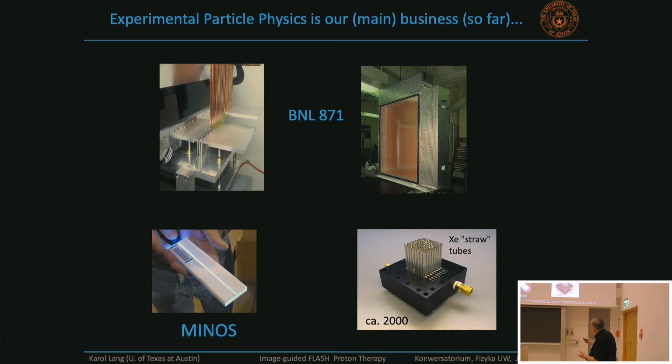Based on our original so-called tracking detectors, so-called straw drift chambers that we built for some experiments at Brookhaven, we had an idea that perhaps we could apply this technology in general to construct something pixel-like responding to gamma rays coming from the positron emission, and reconstruct what you would call tomography.